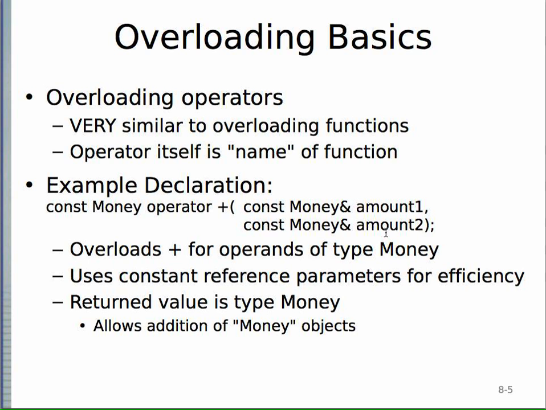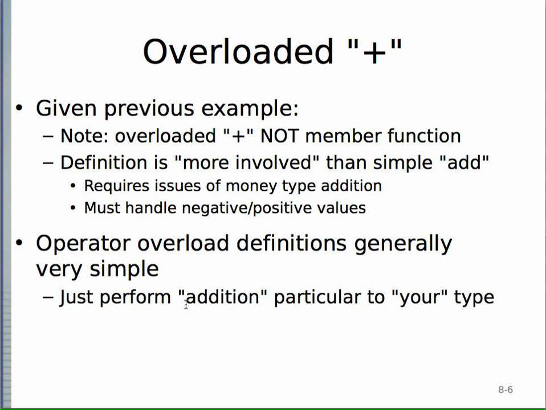You can do it, but it's much better to do it this way. This is what we will use. We will pass const, pass by reference. And one last thing is that the result of the addition is a money object that you will return inside this function. So the return value is of type money. Okay, so you add two money objects, you create a different money object.